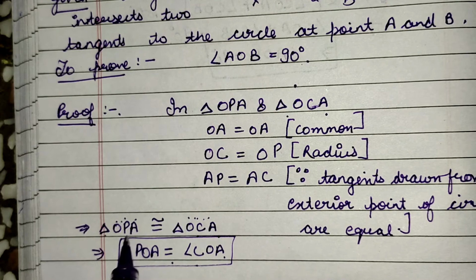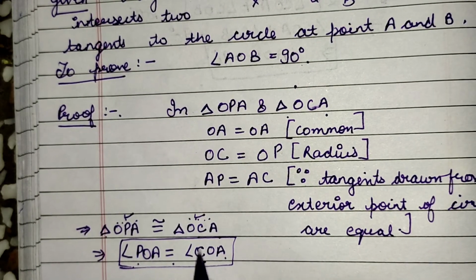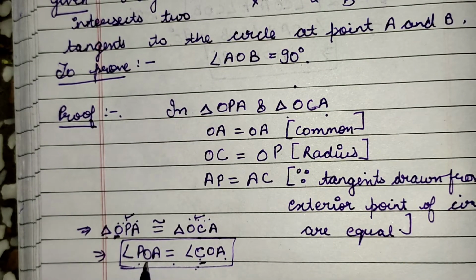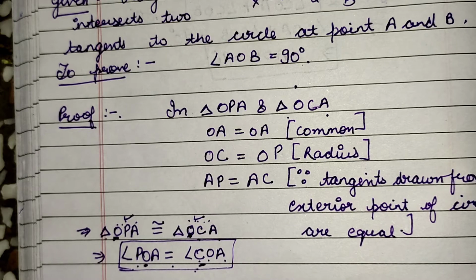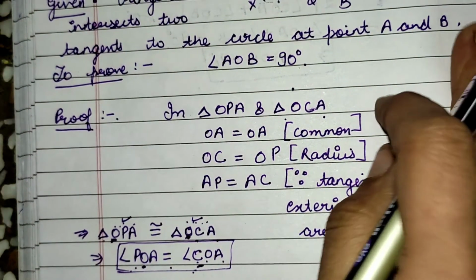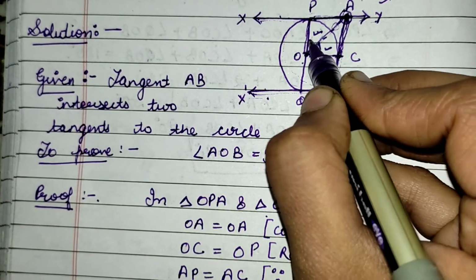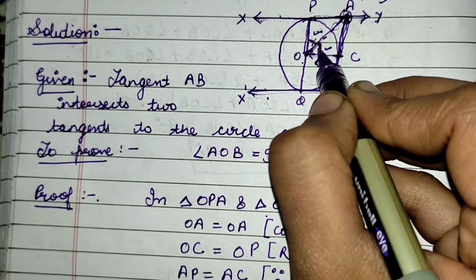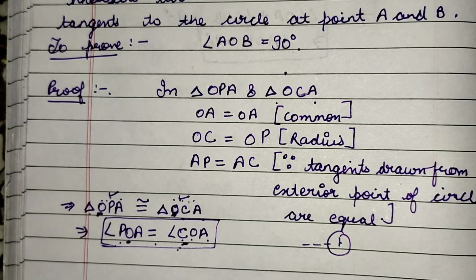If P is in the middle here, then C will also come in the middle, because it matters while calculating the angle. So we have found that angle POA is equal to angle COA. Let us give this as equation number 1.